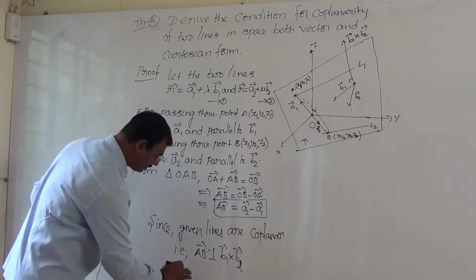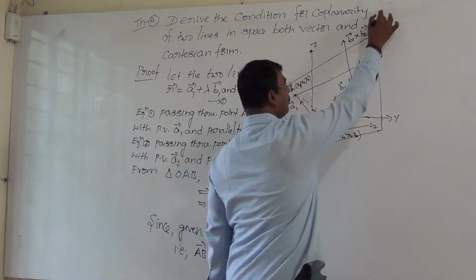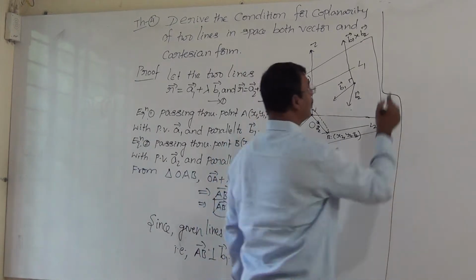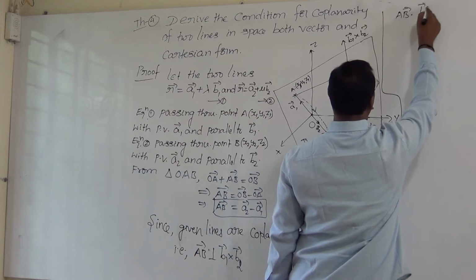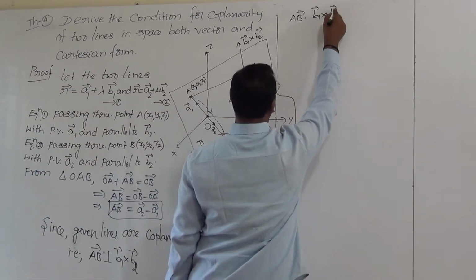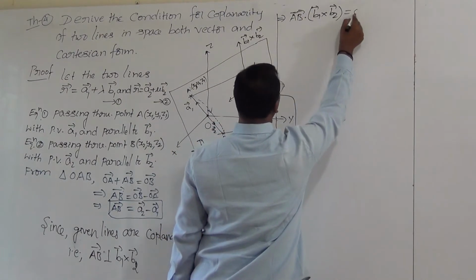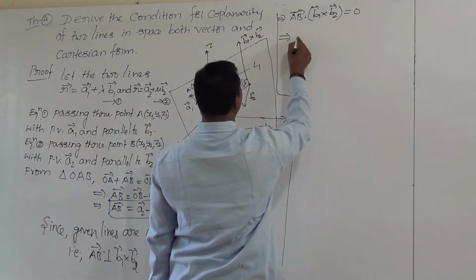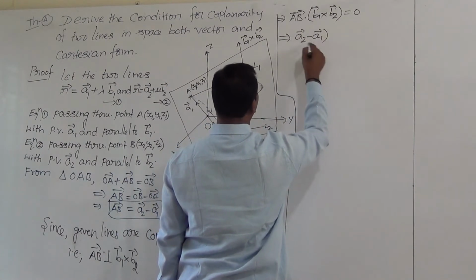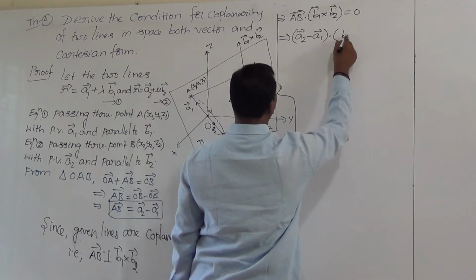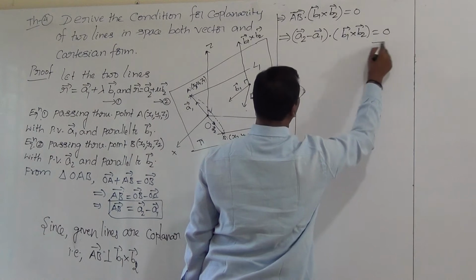That implies AB vector dot B1 cross B2 vector is equal to 0. This implies A2 bar minus A1 bar dot B1 cross B2 bar is equal to 0.